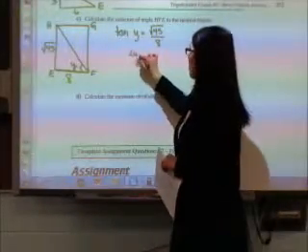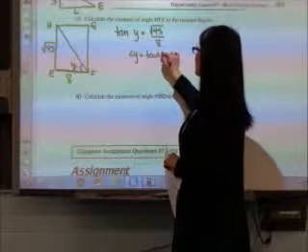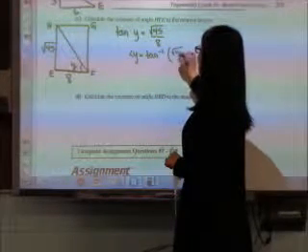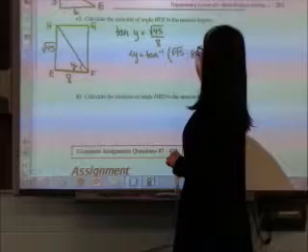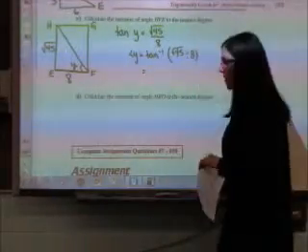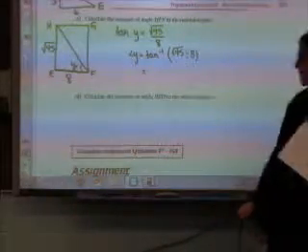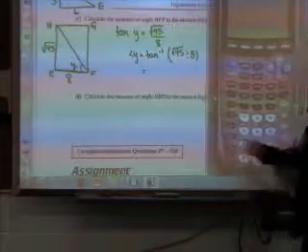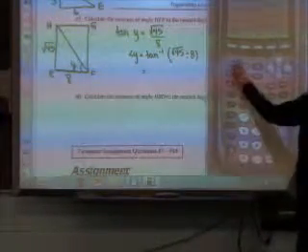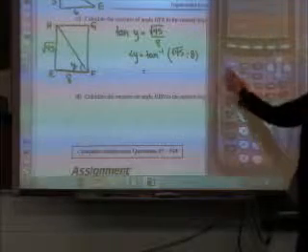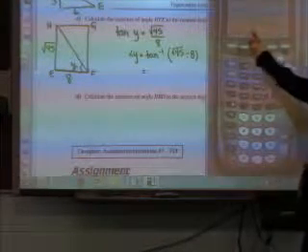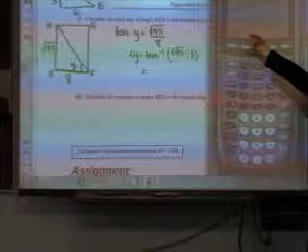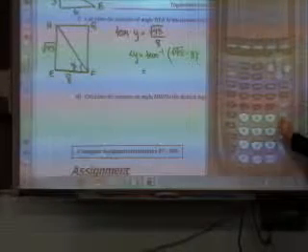So angle y would be the tan inverse. The only thing to watch out for, depending on your calculator: when you press tan inverse and then the square root, it opens a bracket for your square root, and then you type in 45.